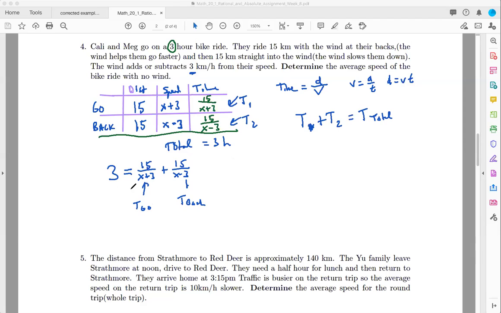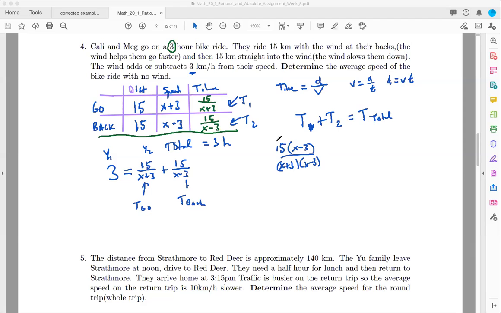So we can solve this, and these are intended to be solved algebraically, but of course you can always do y1 equal y2 being the expression on the right side, and then find the intersection of the two just to help you find the answer. However, algebraically is the intended way that I would like you to solve these. So let's see what we can do. We're going to get a common denominator here, which means that we're going to have 15 times x minus 3 over x plus 3 times x minus 3.